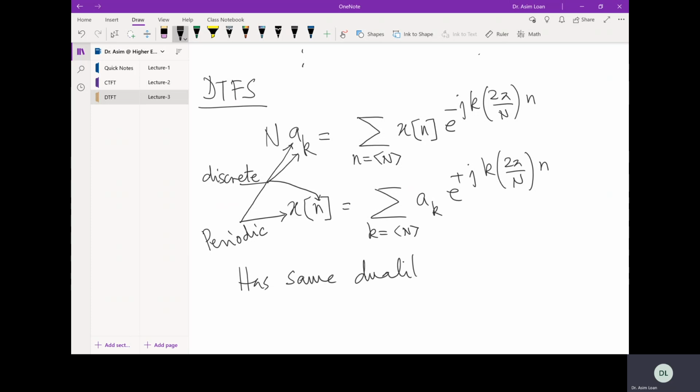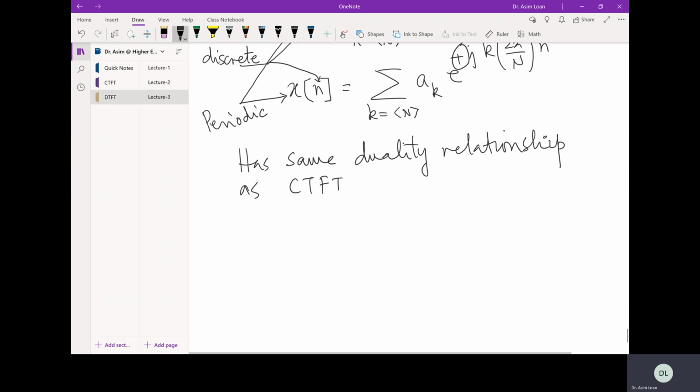Why? Because of n and k, this is minus, this is plus. It has the same duality relationship as the continuous time Fourier transform.